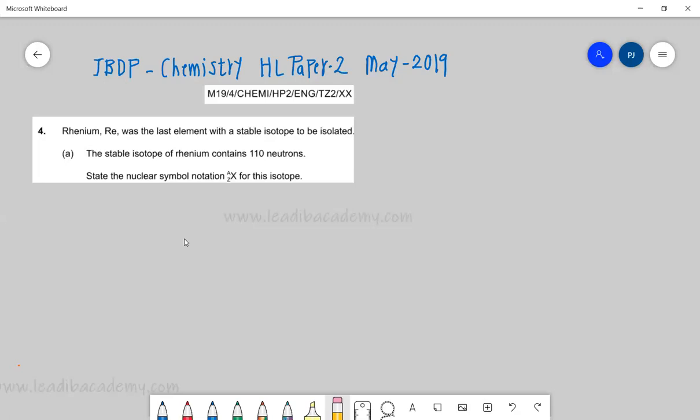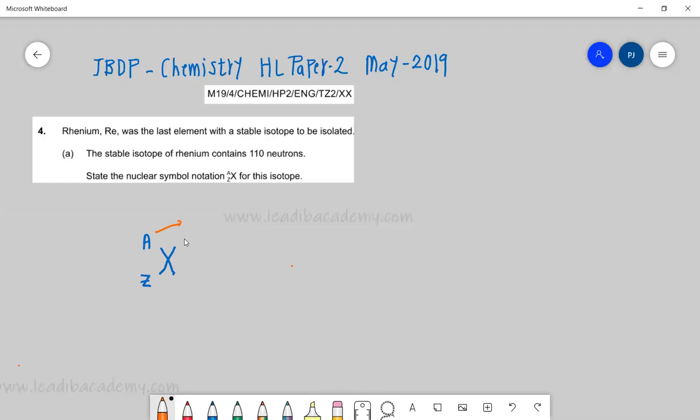First, understand the concept. Whenever any element is written like this, it should be clear, this is just a reminder.